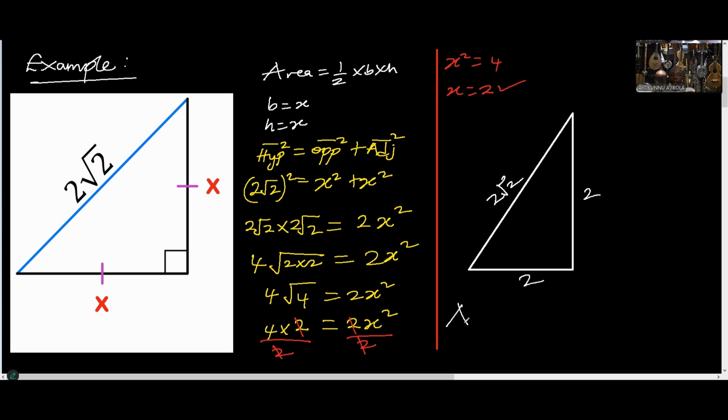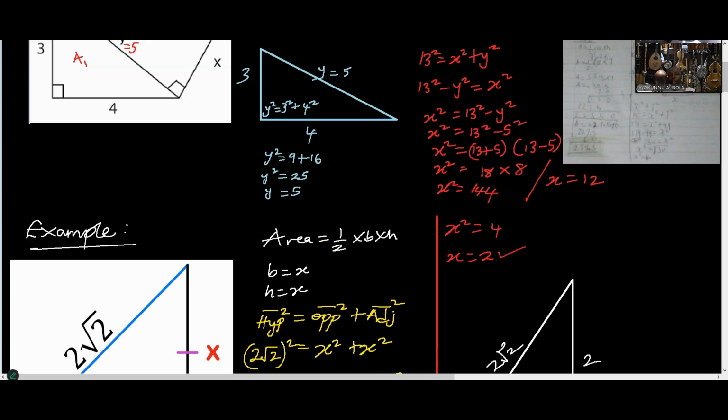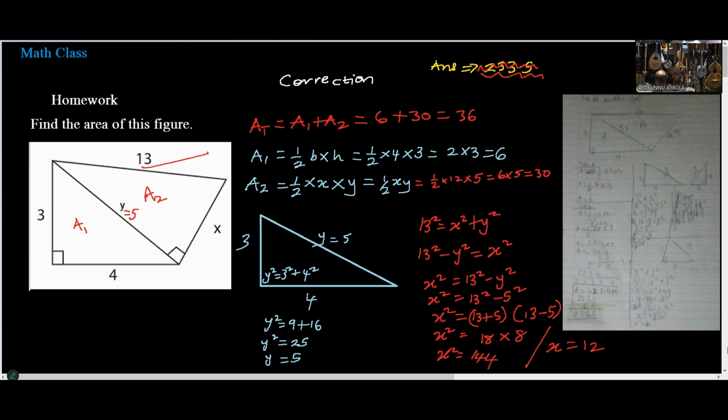What is the area now? Half of the base times the height, which is half of 2 is 1, times 2. So the area is 2, right? Is that clear to you? Okay, I'll give you some time to put down the correction and this example before I give you anything to try, if we still have enough time.